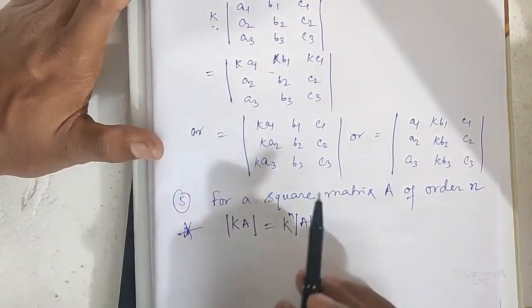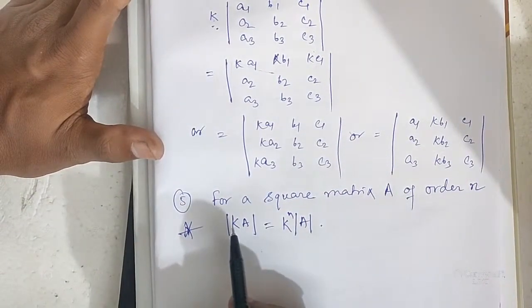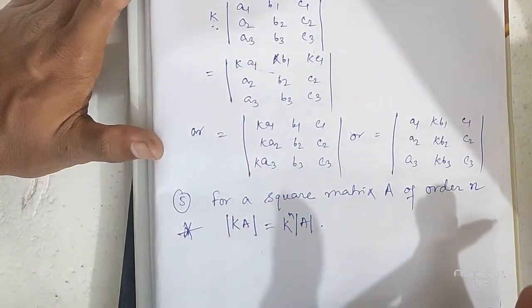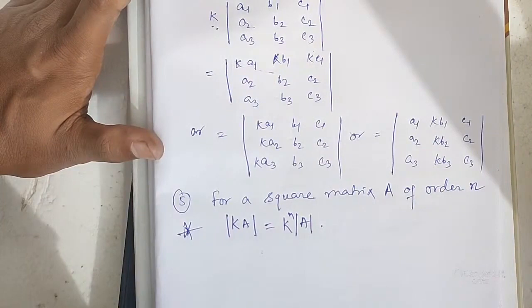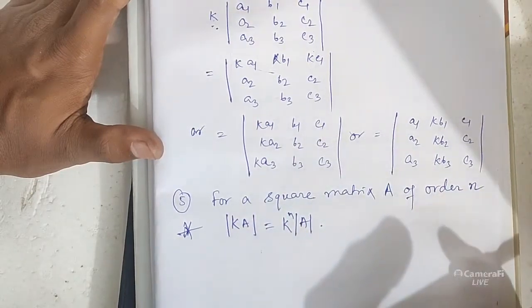If the square matrix is of order n, and we multiply k with all the elements, then if we take k common outside, it will be k to the power n into determinant A.